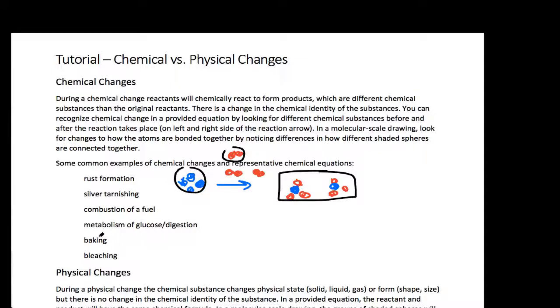Baking is when you make bread by heating dough and flour. So a lot of these processes you see energy being used or produced or both. Bleaching is to use chemical bleach, sodium hypochlorite, and that changes the color of our clothes. So those are all chemical changes.